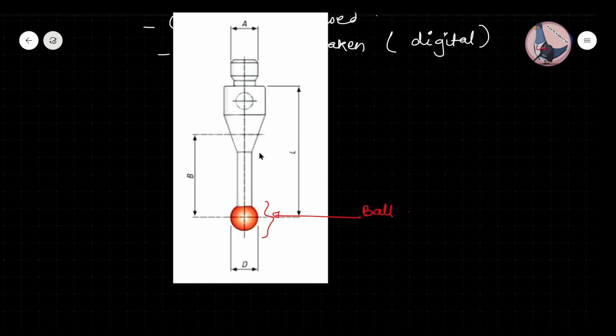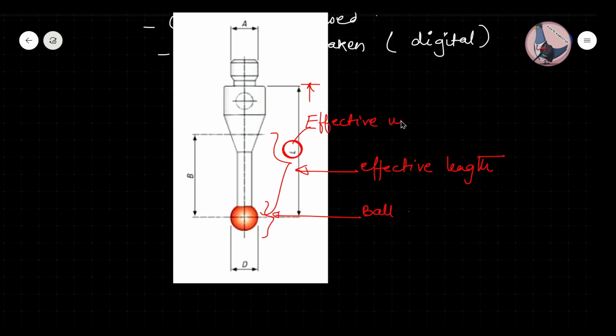This is your effective length, and this entire thing is the overall length. This L, whatever is given over here, is your effective working length.